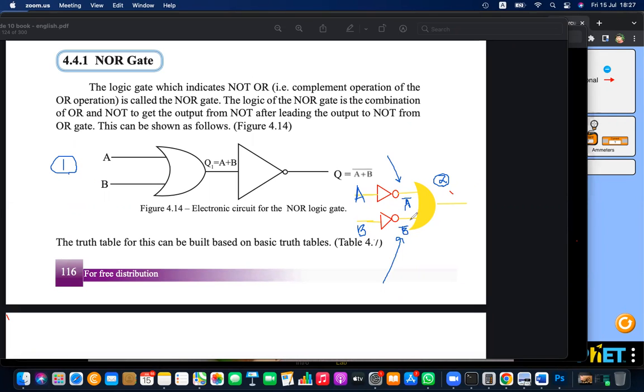So A not, B not, and since this is an OR gate, A not OR B not. That is the Boolean expression. That is why I said your answer has some concern. So that is not correct, A not or B not.